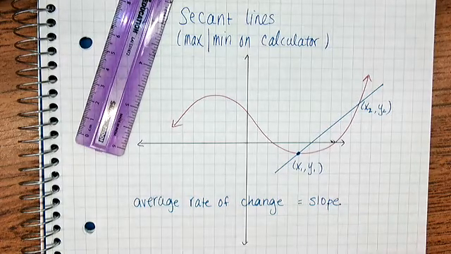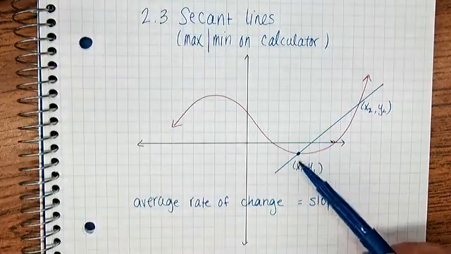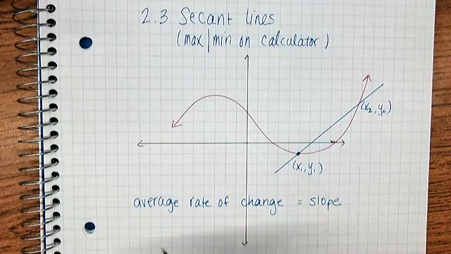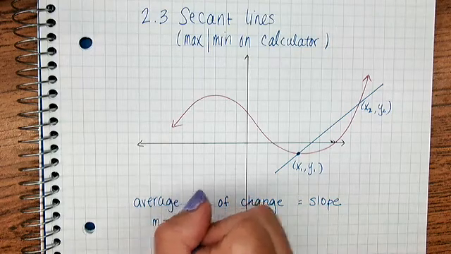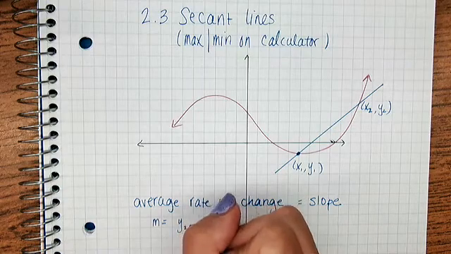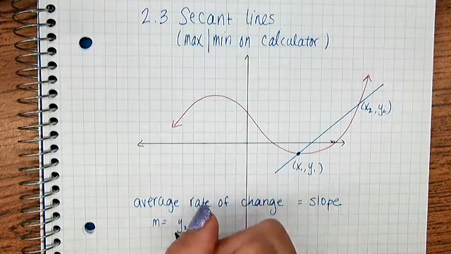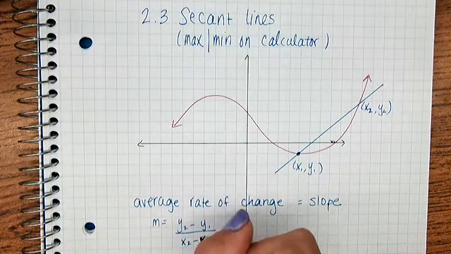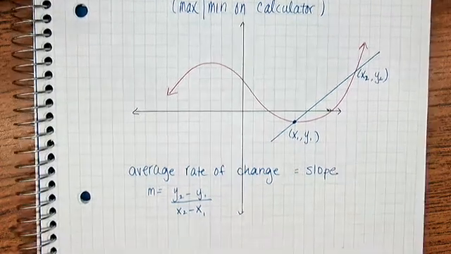Okay, so when we talk about rate of change, this is going to become important when we look at velocity and acceleration. And I know I've mentioned that before numerous times, but it really is the truth. I can find the slope between these 2 points. And we know the formula for slope is y2 minus y1 over x2 minus x1.